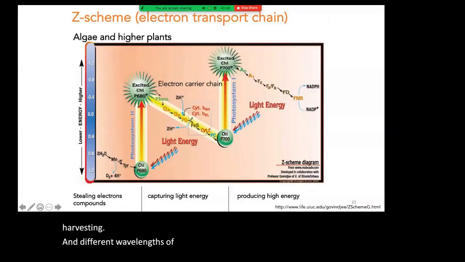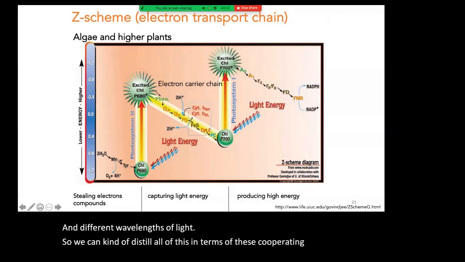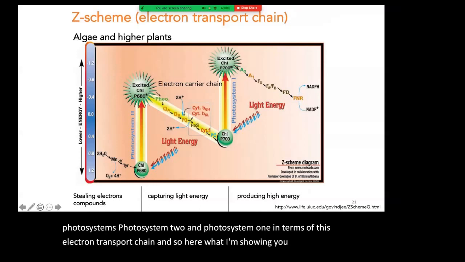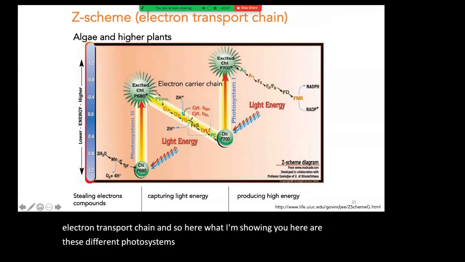Okay, so we can distill all of this in terms of these cooperating photosystems, photosystem 2 and photosystem 1, in terms of this electron transport chain. Here, what I'm showing you are these different photosystems, and together they operate in this coordinated fashion.